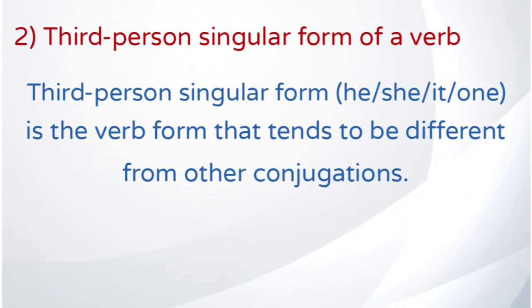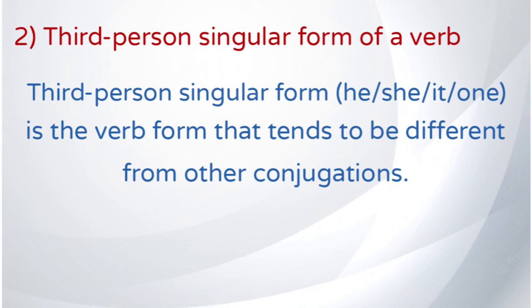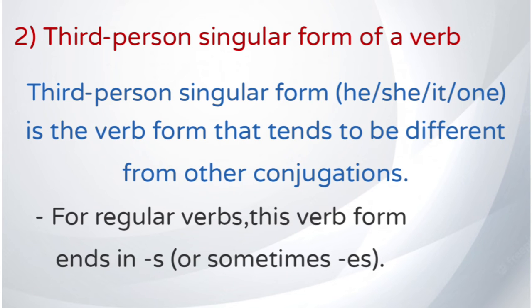Okay, let's have a look at the second form, that is the third person singular form of a verb, which is in the simple present tense. The third person singular form, that is for he, she, it or one, is the verb form that tends to be different from other conjugations.